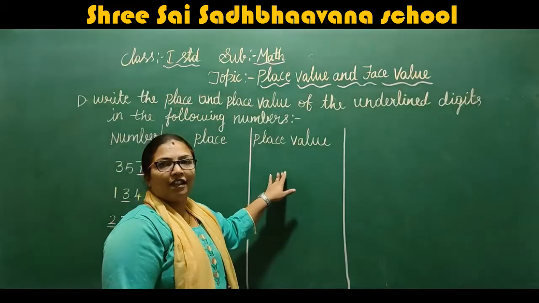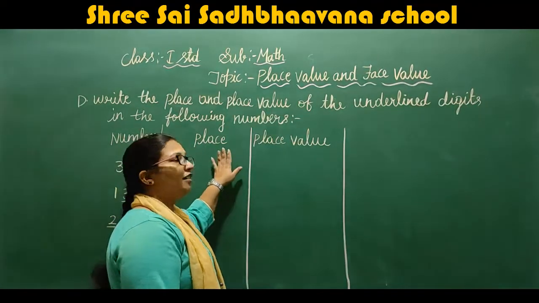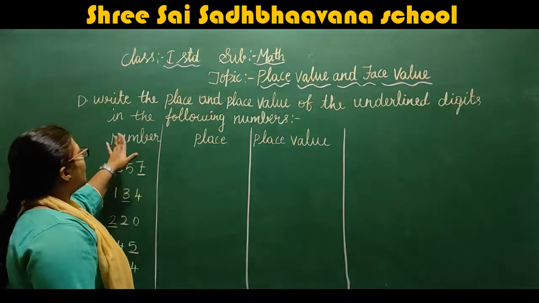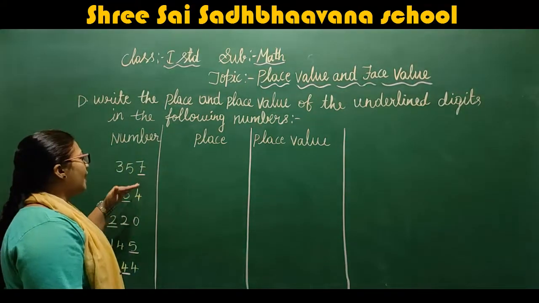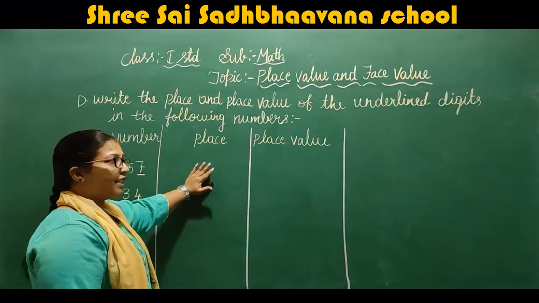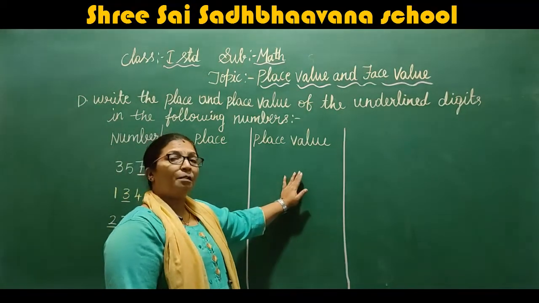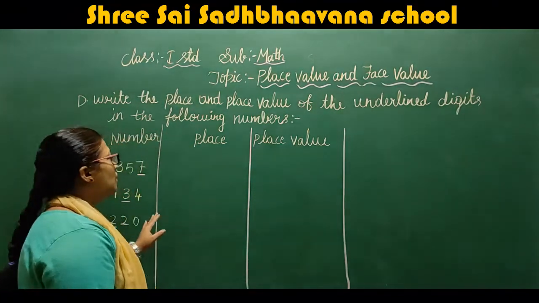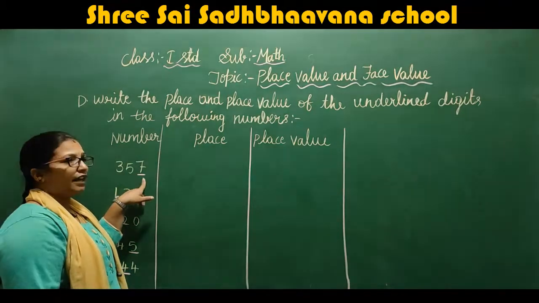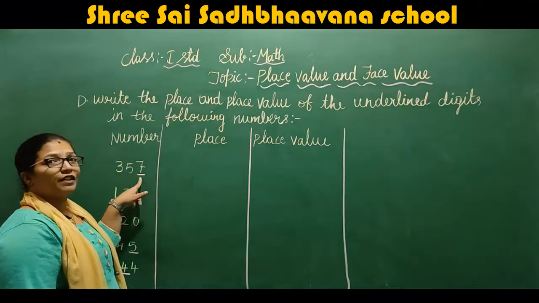So children, this is the next main exercise. Here they have given numbers to you, with underlined digits. You should write in which place the digit is and what its place value is. For example, they have given 357.